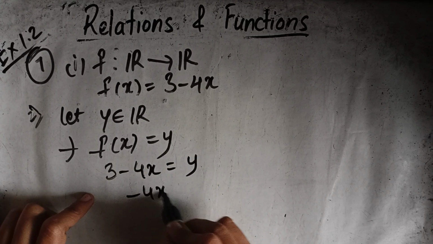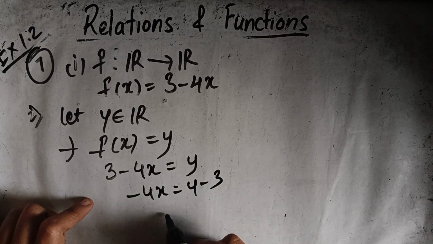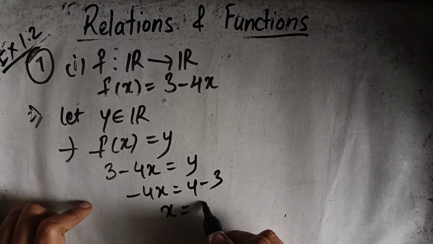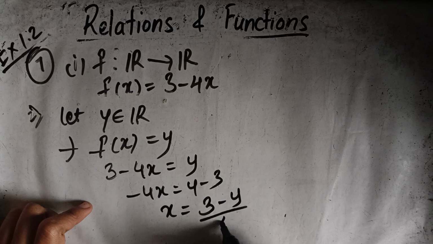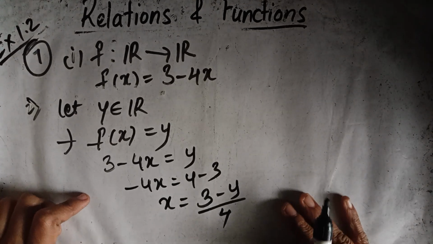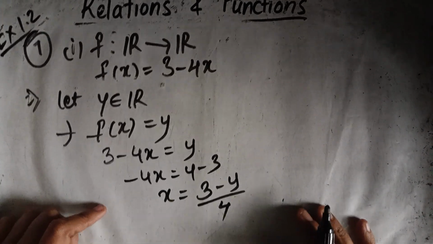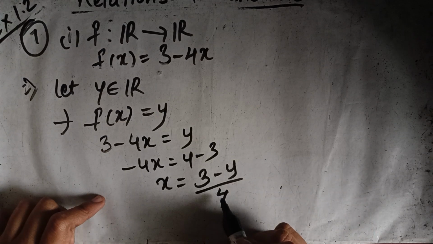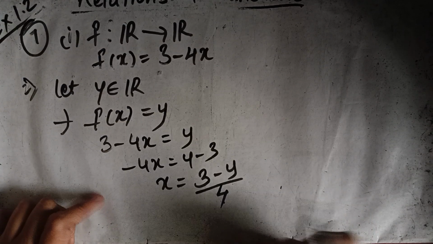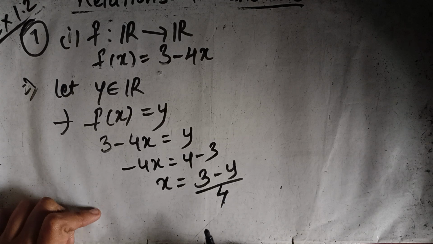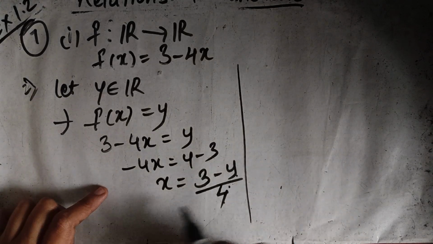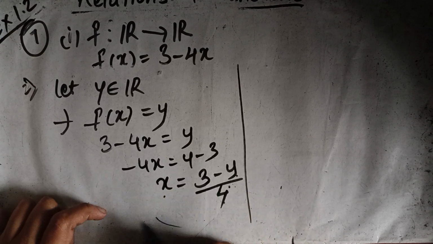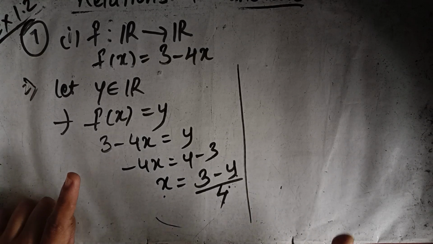So minus 4x equal to y minus 3. So x is equal to (3 minus y) upon 4. Okay. So there is no problem of infinity because here 4 is there. Okay. So for all y, this is possible. So this is onto. Okay.